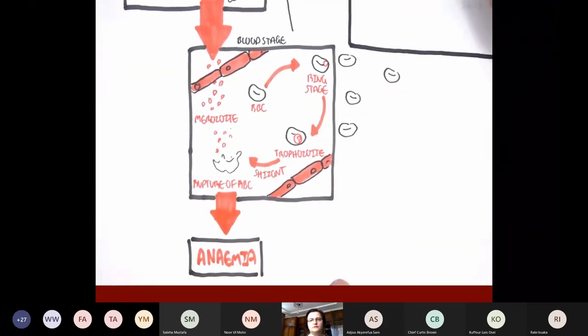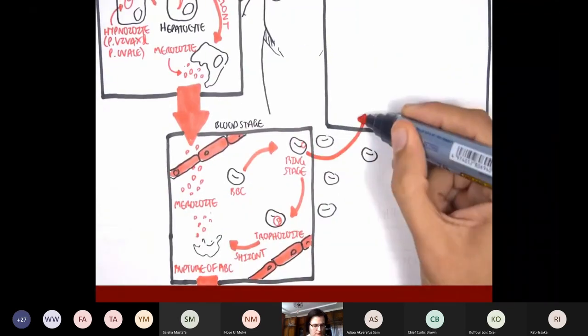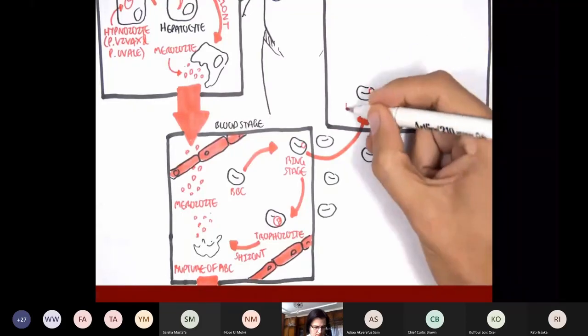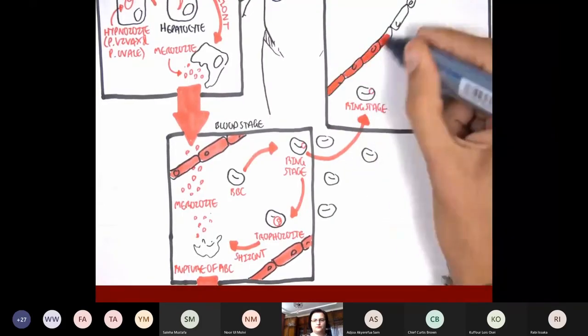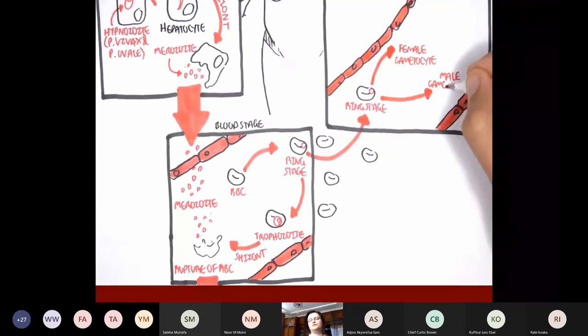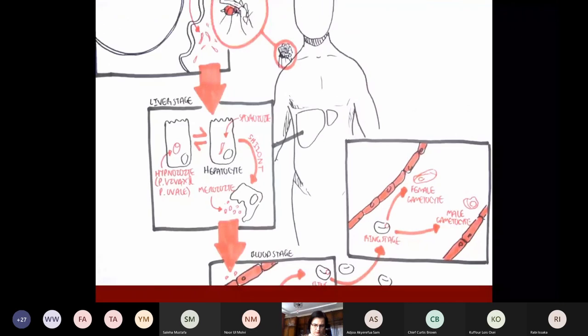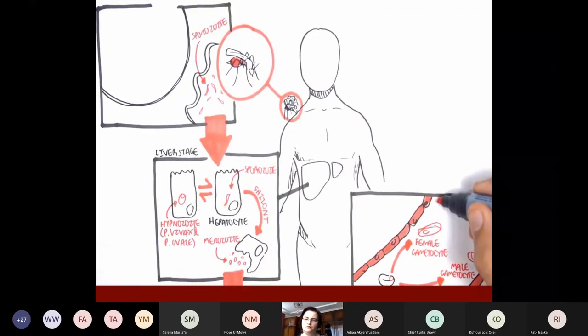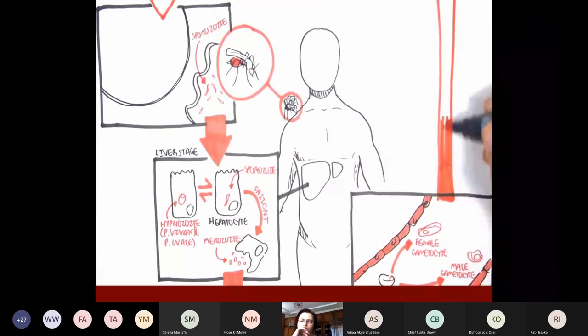Now, going back to the ring stage of the parasite's life cycle in the red blood cells, the parasite can also enter a sexual cycle where it becomes a female or male gametocyte. When a new uninfected Anopheles mosquito comes along for feeding, it can take in these gametocytes.